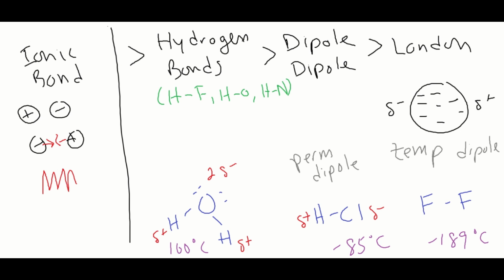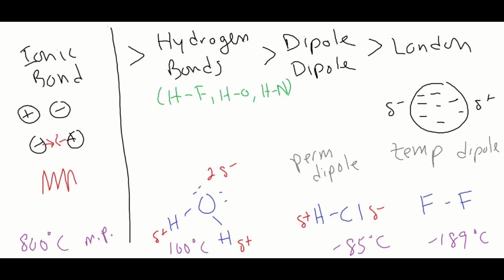Hence, we say ionic compounds typically have high melting and high boiling points. And many ionic compounds, like table salt, have a melting point of 800 Celsius. This is melting point. These are all boiling points. We're just talking about getting into the liquid stage.